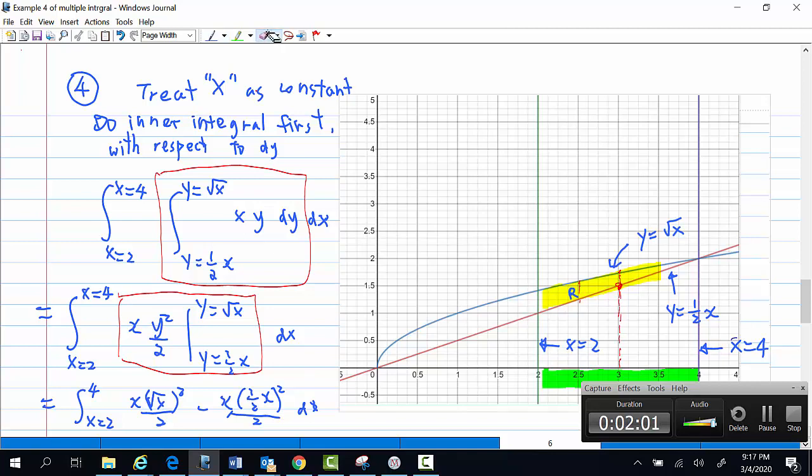You can simplify and then you'll get the inner integral.